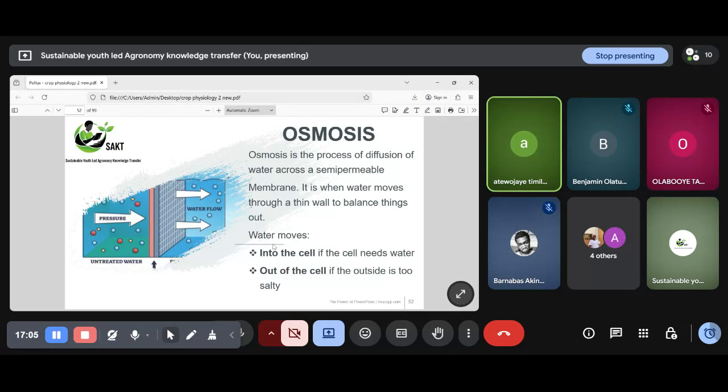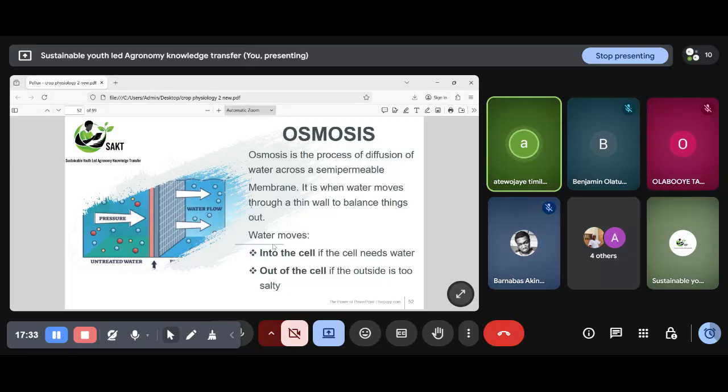Now, if there is less water inside the root, osmosis will help you naturally. If there is water outside the root, osmosis will allow the water to enter into the root system. So it means you are telling the water, okay, I need water.